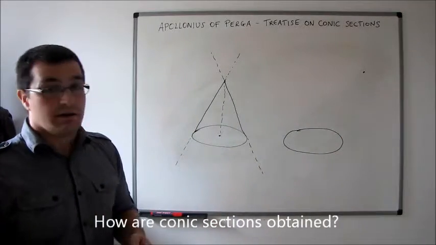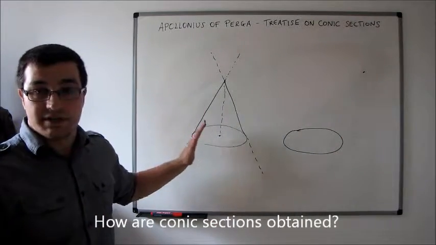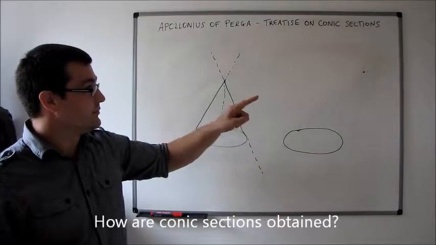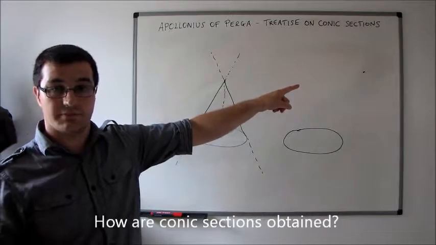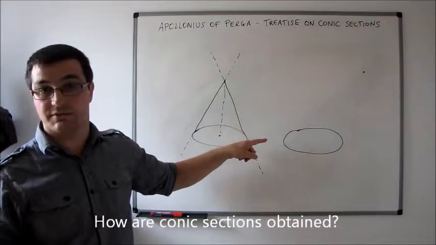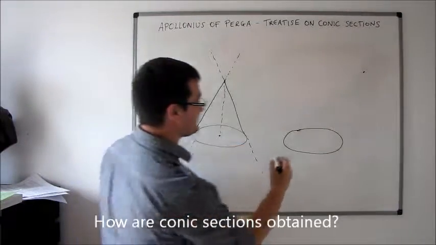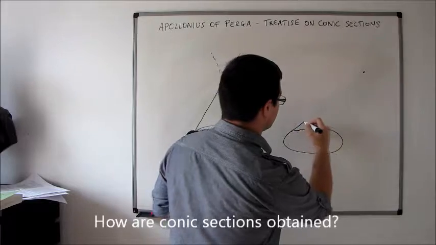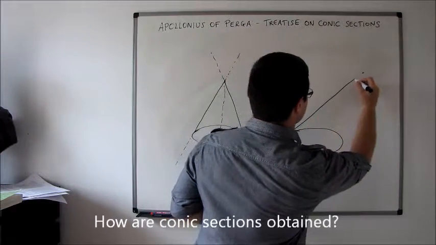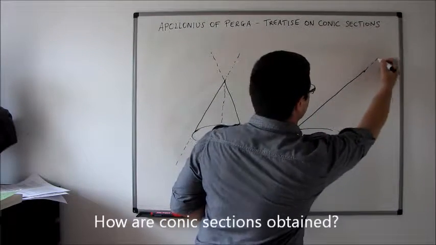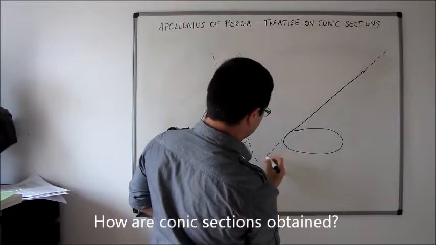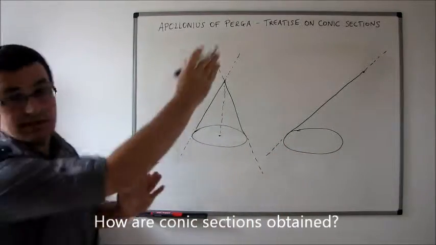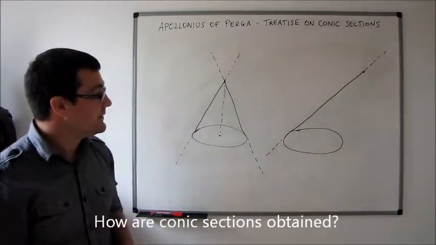and in the same way as we did with the right cone, we're going to draw a line from that point to the circumference of the circle. So I'll try and get it straight. So again, it can be extended indefinitely in either direction.